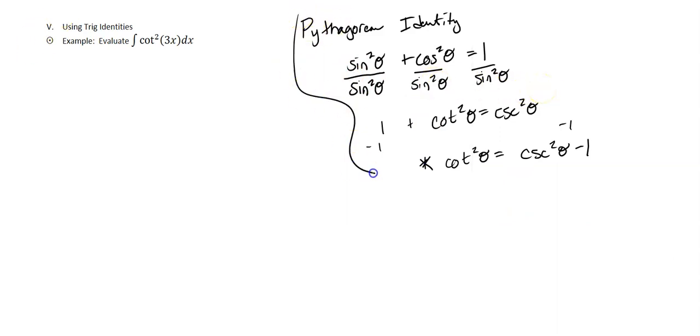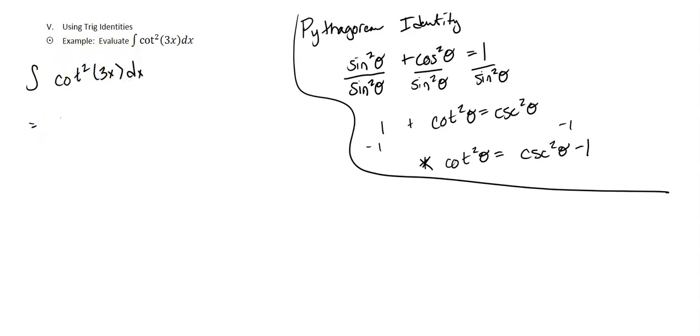So coming back to my original problem, instead of cotangent squared of 3x, I can write this as the integral of cosecant squared of 3x minus 1 with respect to x. I can split that into two separate integrals.